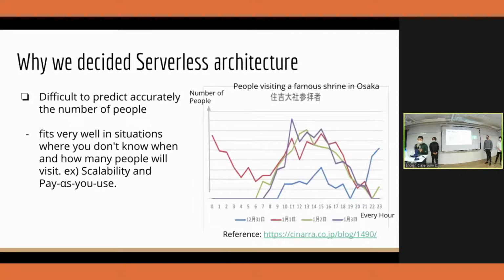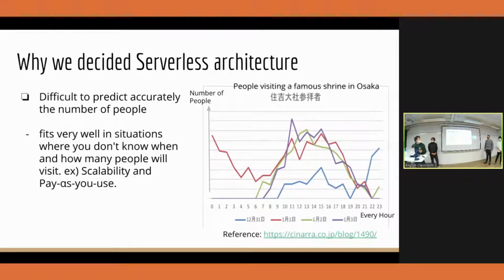And then finally, I can say why we chose serverless architecture for our service, Pay. Of course, we use our app for the New Year's season, so it's difficult to accurately predict the number of people.